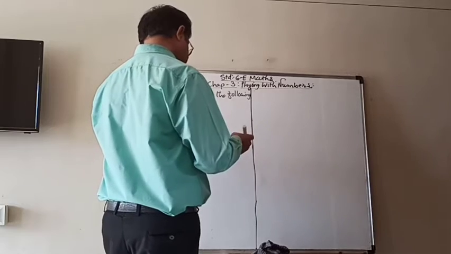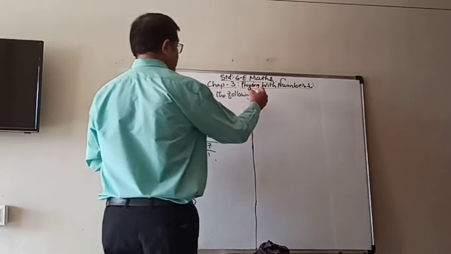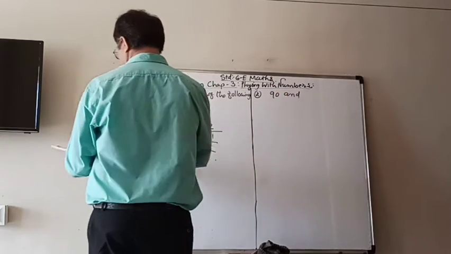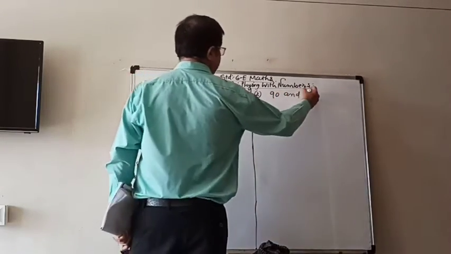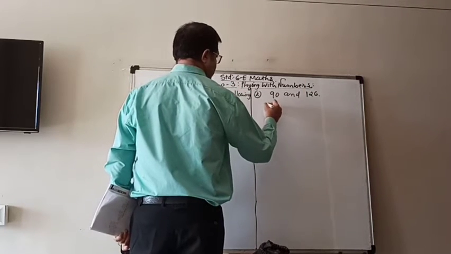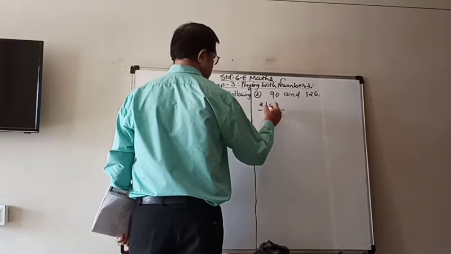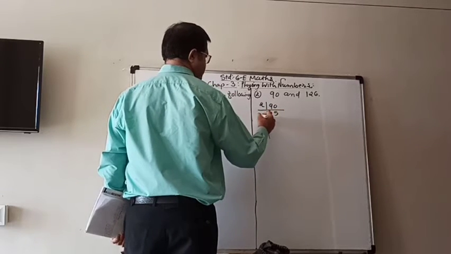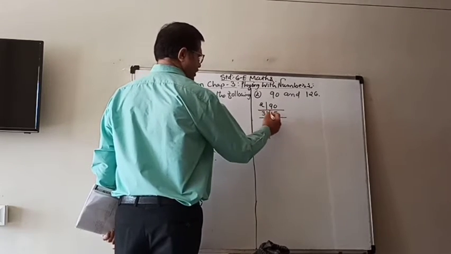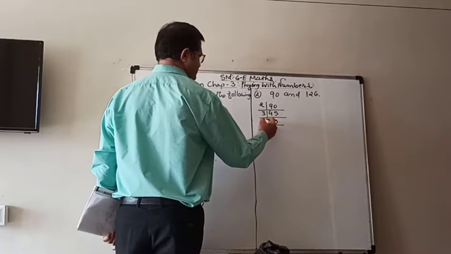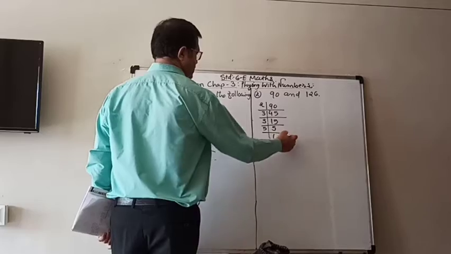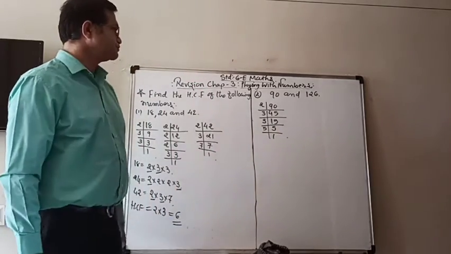Next, we can do bigger numbers but 2 numbers only. 90 and 126. So now first we will factorize 90. 2 45s are 90. Now 15 3s are 45, 5 3s are 15 and 5 1s are 5.